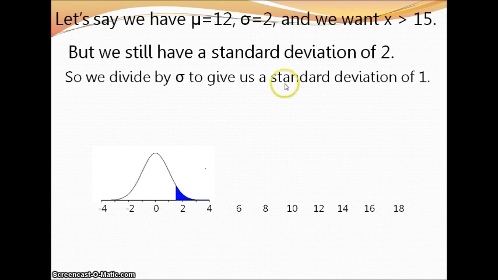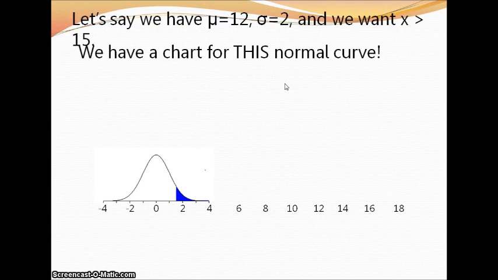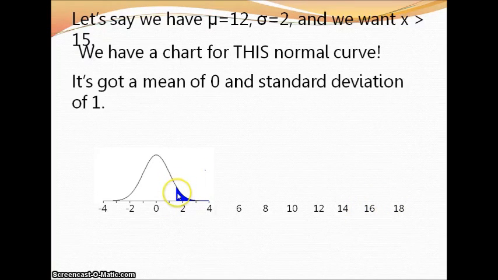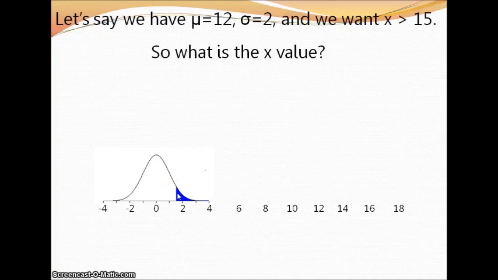Now we have a chart that we can use for this curve, but I don't know off the top of my head what this value is anymore. It was 15 way down here, but who knows what this is. So we're going to have to use the z-score to find out. So we want to calculate its z-score. That x value of 15 has a z-score associated with it, its distance from the mean, and it's 1.5.